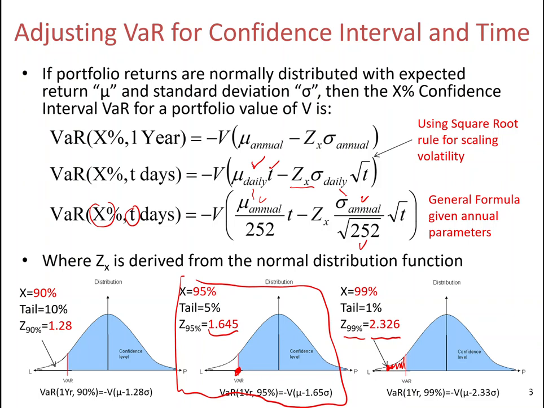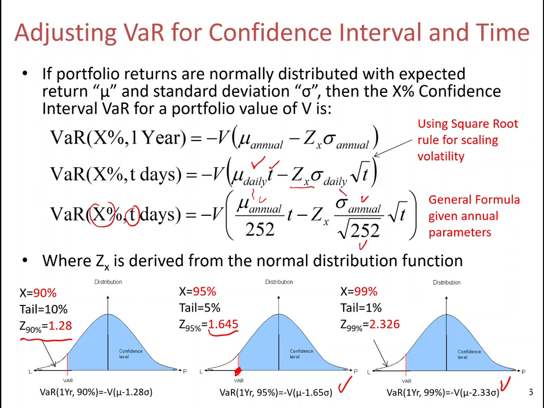So there's only a 1% chance of being 2.326 standard deviations away from the mean in one direction. And if you're using a 90% confidence interval, the z of 90% is 1.28 standard deviations. In general, these are the only VaRs I've actually ever seen published, and mostly they're the 95% and 99% confidence interval VaRs.